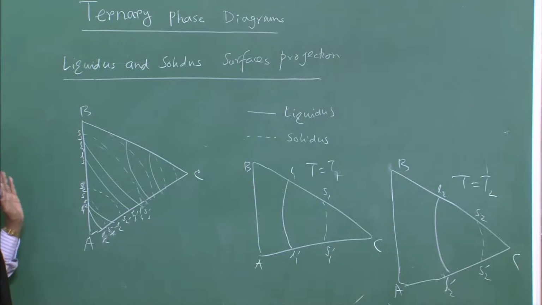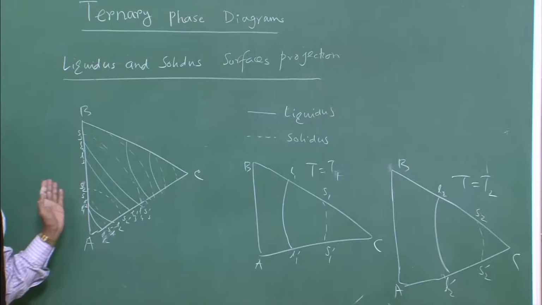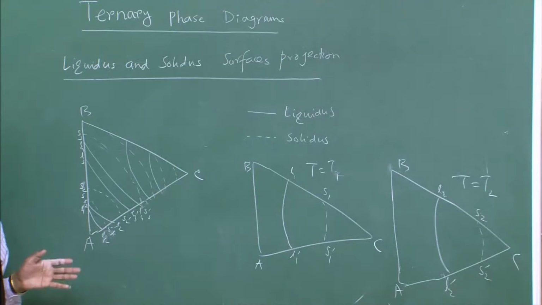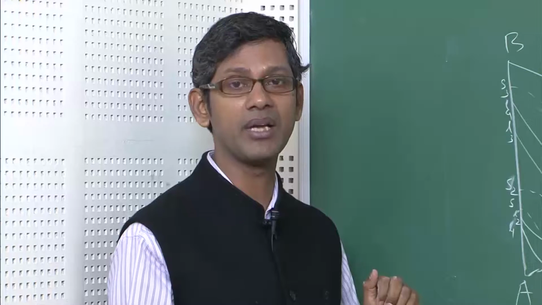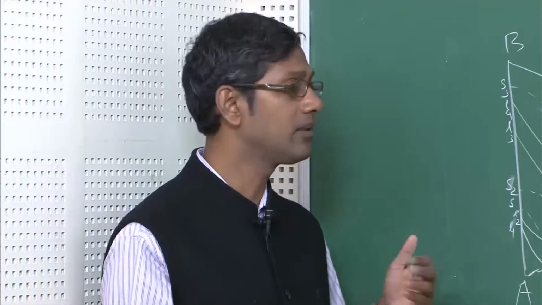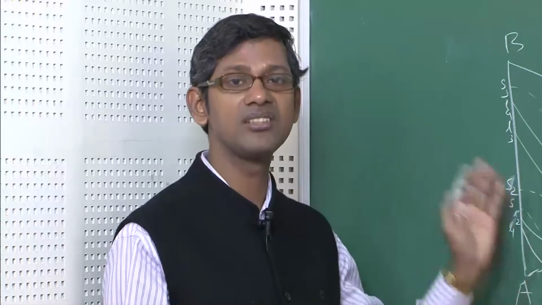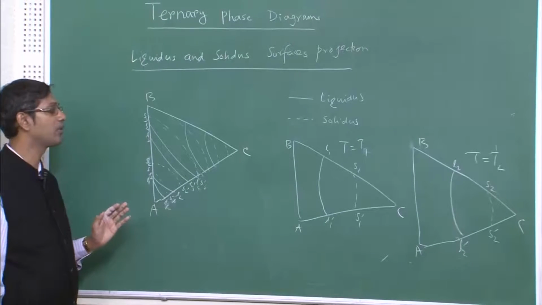Because this tells you how the liquid and solid surfaces are changing as a function of temperature. Here they are not changing at all, because it is an isomorphous system, therefore there is no change, but in some diagrams this might change, and this will allow us to know how the orientation is changing. That is what I wanted to convey.